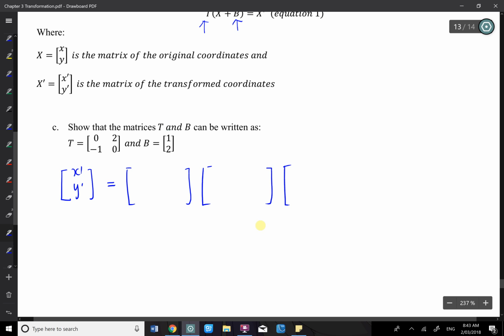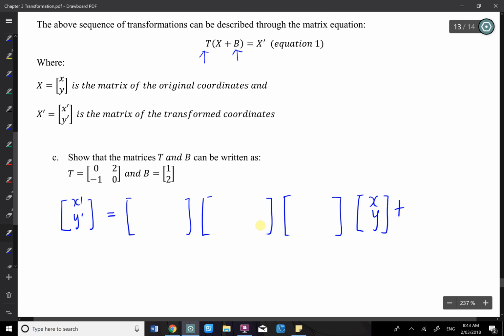So that will be 3 matrices. But anyway, I will start with our original coordinates (x, y). The first thing that happens is a translation of 1 unit to the right and 2 units up. That happens first, so I'll bracket that.